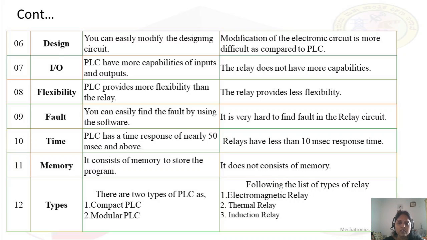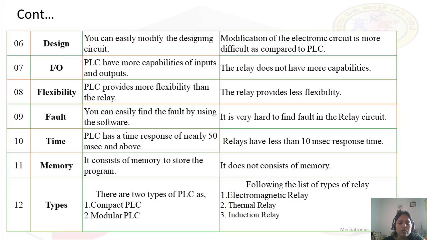In case of PLC, we have the memory, but in case of relay, it does not consist of any memory. Since we are using a software program, we can easily store our programs, but in relay logic control, we cannot store them.